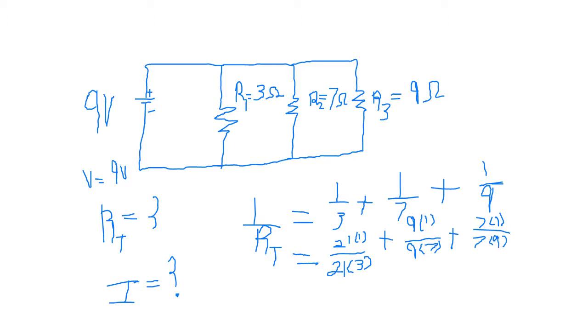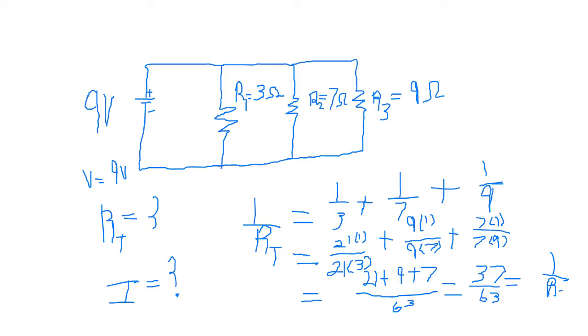All right, and voila. And so it equals 21 plus 9 plus 7 all over 63. There it is. There you go, guys. So 37 over 63 is equal to 1 over R total.